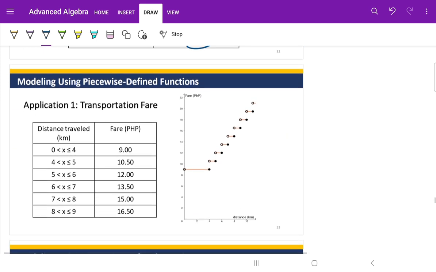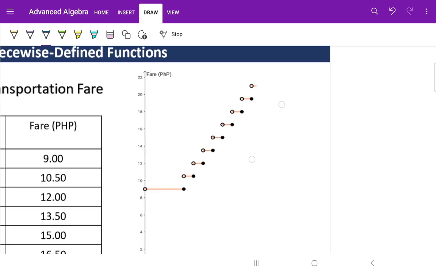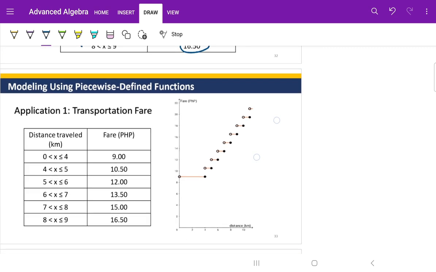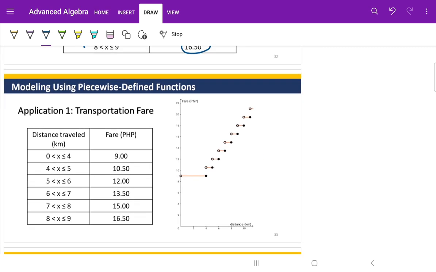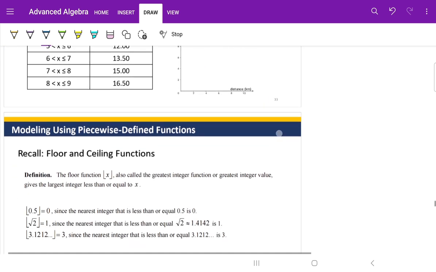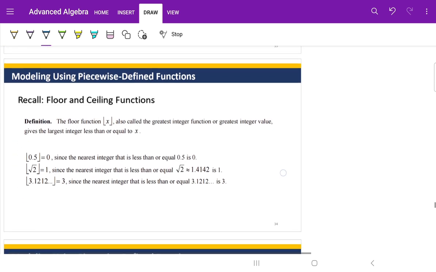Now we can graph this in our Cartesian plane, and this will be the corresponding graph. And this is a step function. Step functions can be classified into two.